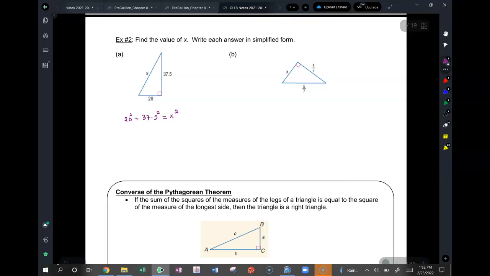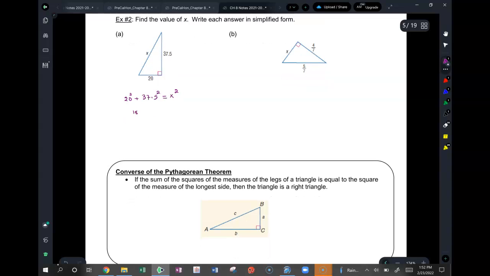When you plug this into your calculator, that should give you 1,806.25 equals x squared. Now, here's the deal. Take a square root, take a square root. Especially when you've got decimals like this, you're not going to be asked to do that by hand, okay? So this is going to be x is 42.5.